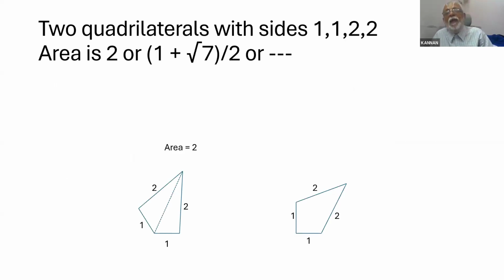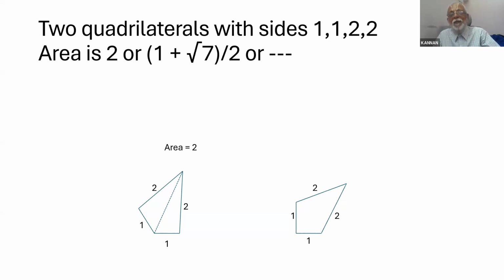Here are 2 quadrilaterals. The 4 sides are 1, 1, 2, 2. If it is kept like this, with a right angle between sides 1 and 2, that is one way of drawing the quadrilateral. Then if you calculate the area becomes 2.